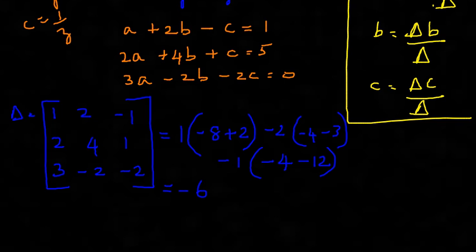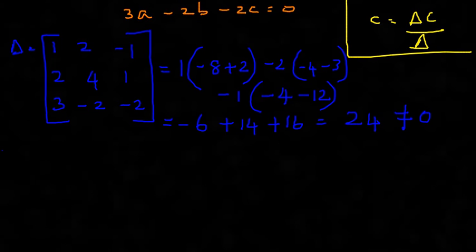So it is minus 6 plus 14 plus 16, which is 30 minus 6, 24. And see that 24 is not equal to 0, so we can proceed to find del a.